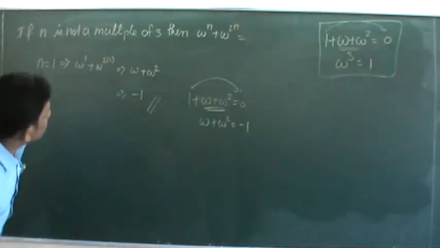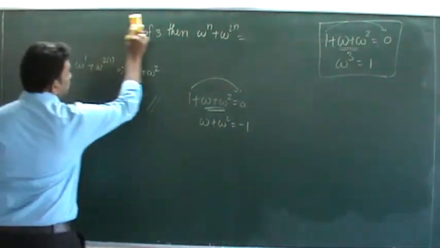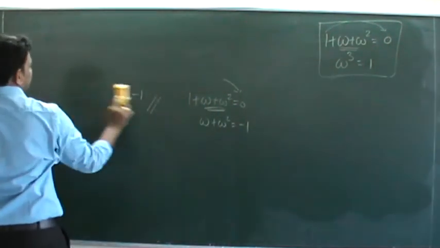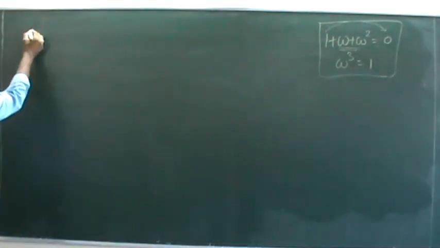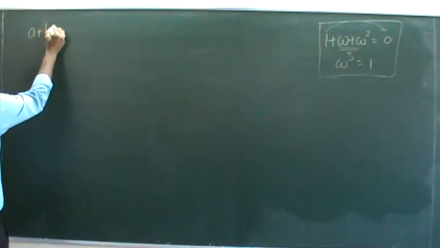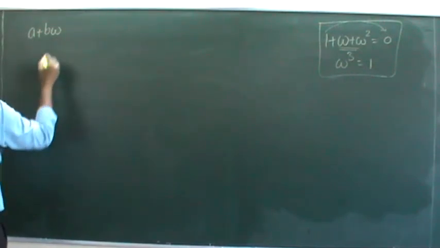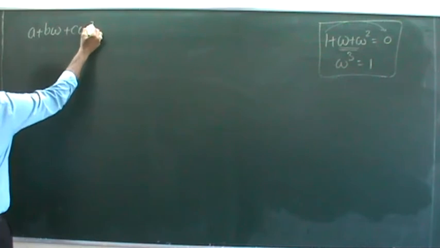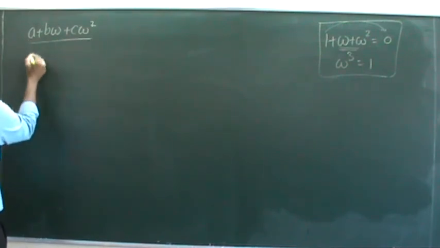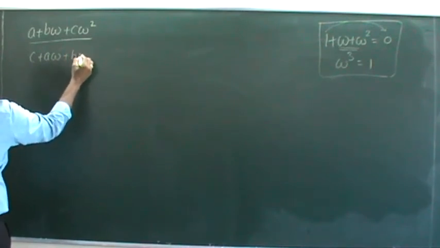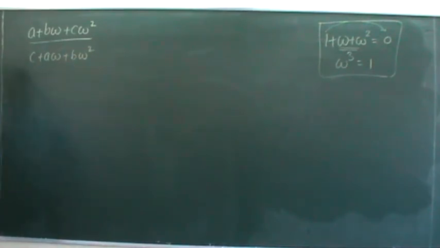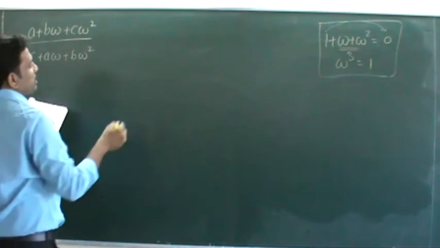Now we'll go to the next question. This is a question asked many times in previous exams: (a + bω + cω²) divided by (c + aω + bω²). Here the options are important, my dear children.